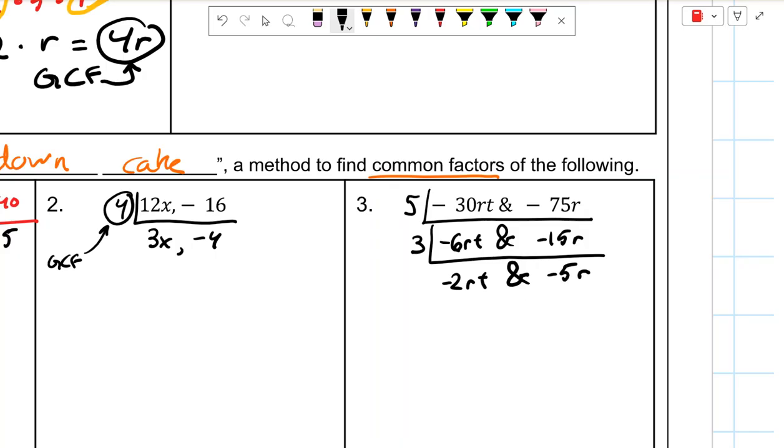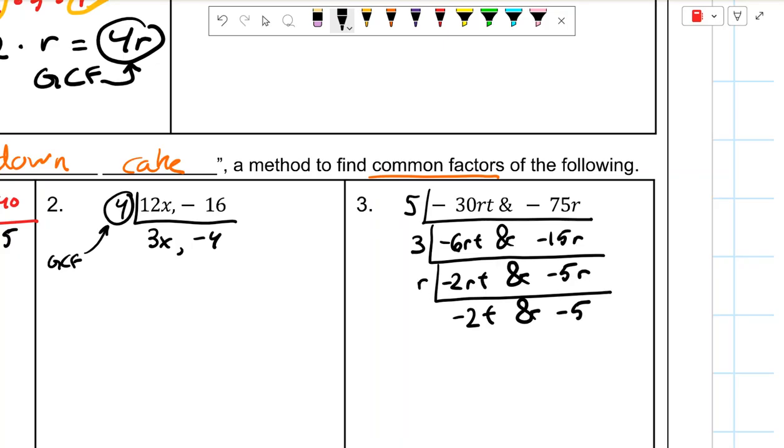And now the numbers are good, but the variables aren't. So we are going to go ahead and take out a variable, which is r. So negative 2rt divided by r is negative 2t. And negative 5r divided by r is negative 5.